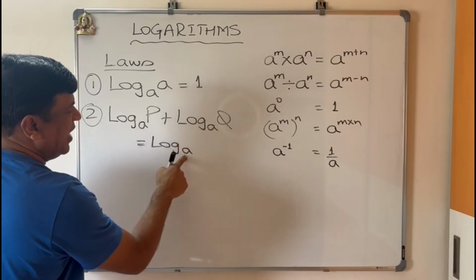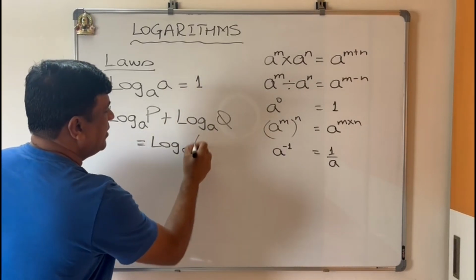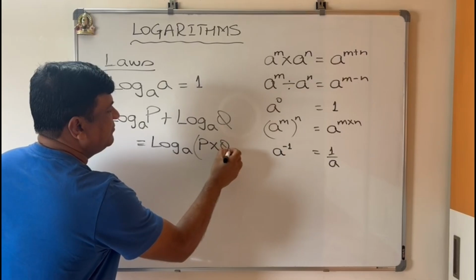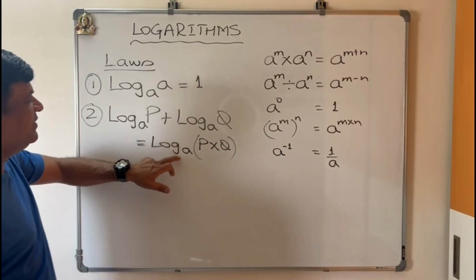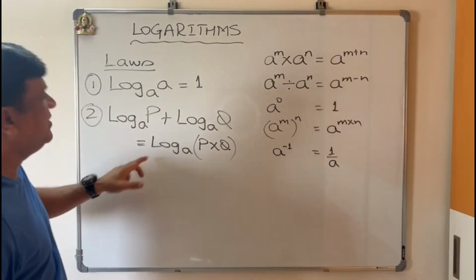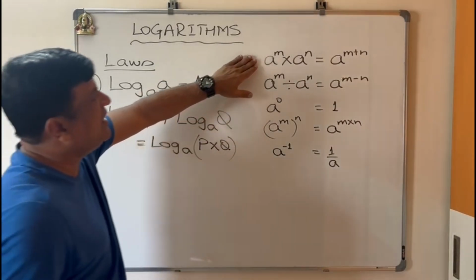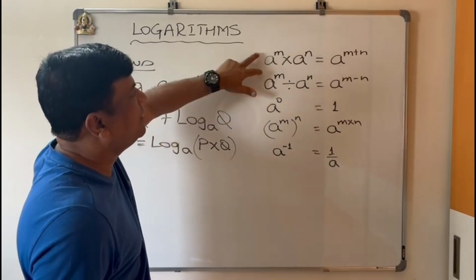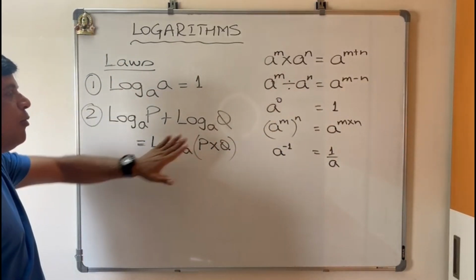The base is same, so I can combine these two. And what I'm going to do is multiply these two numbers over here. Look at it. This is similar to this one over here. Do you find a similarity over here? It's similar. I can later go ahead and prove that this is what it's going to be. So we will go back to that one.